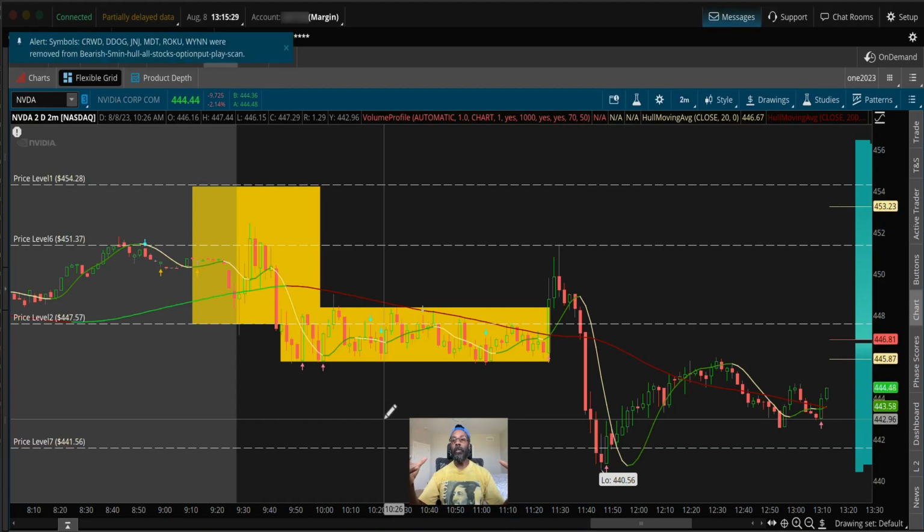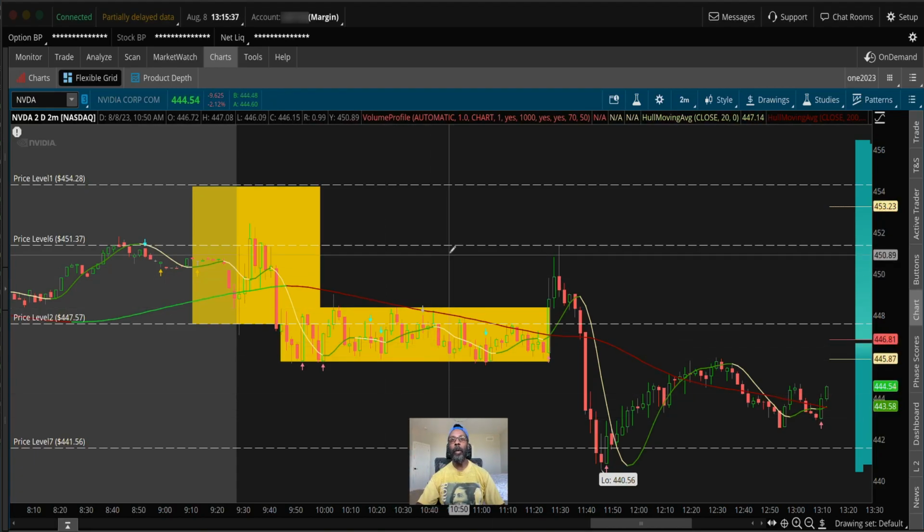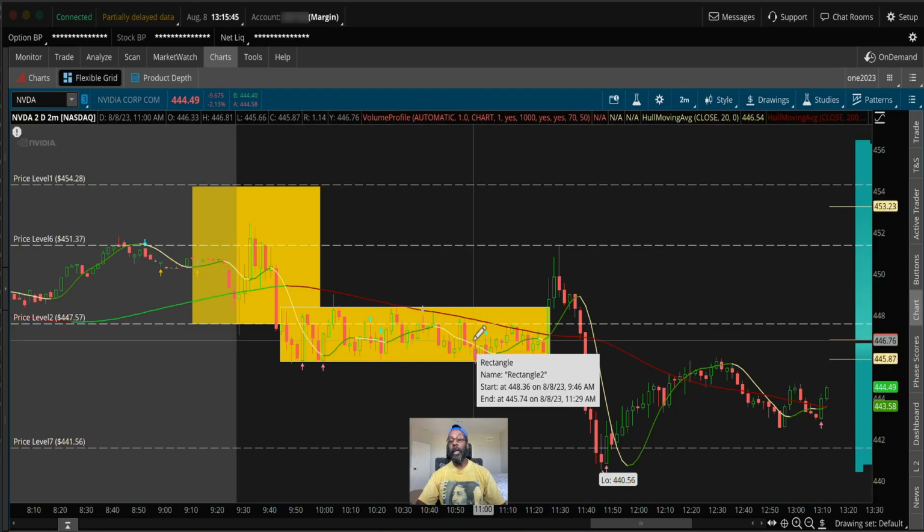This is artificial intelligence. This is where the position has to levitate to. These levels are called trap doors, gravity points. This is what it lurches to. So you can see it right there. I drew this out in real time. I drew this from yesterday. I always draw my box, like I tell you, in pre-market or at the end of the day.